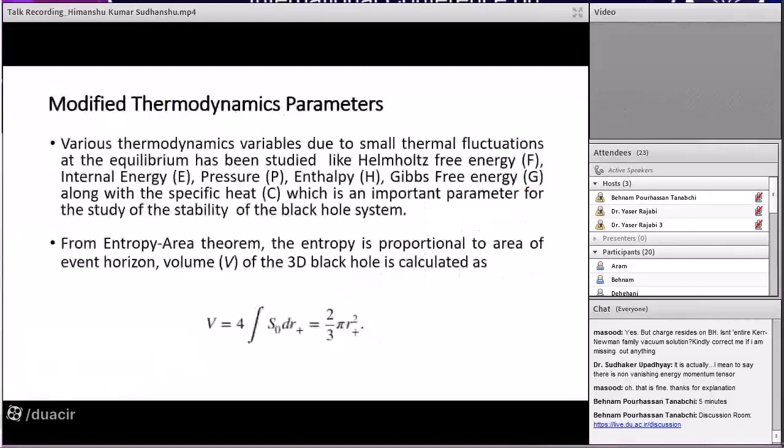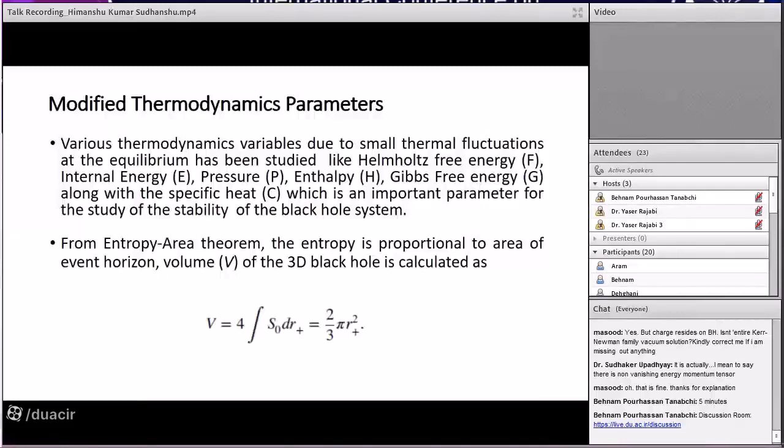Once we have the correction in the entropy of the black holes, various thermodynamic variables due to a small thermal fluctuation at the equilibrium have been studied, like the Helmholtz free energy, internal energy, pressure, enthalpy, and Gibbs free energy.